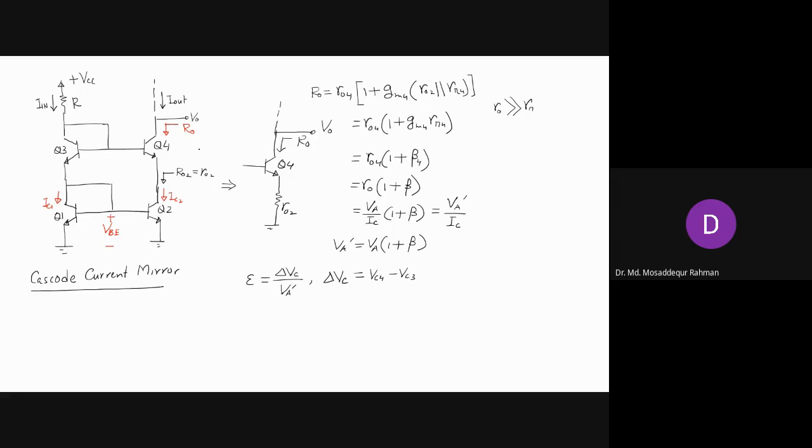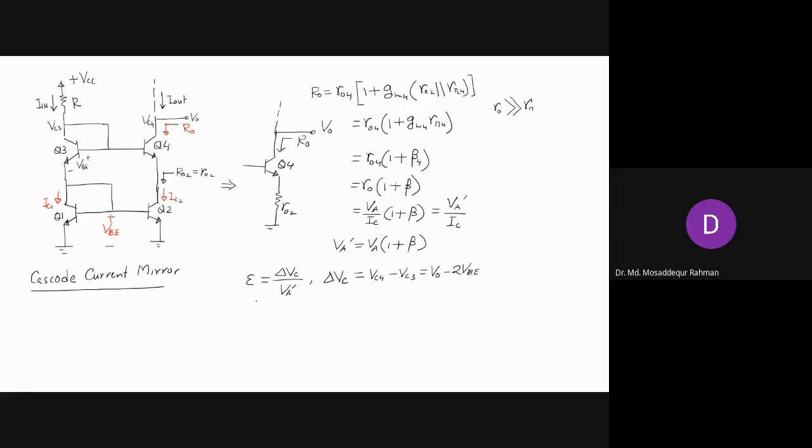VC4 is the voltage here, the collector of Q4, and this is our VC3. And what is VC3? We have VBE here, and then we have another VBE, base to emitter voltage. So VC3 is actually 2 VBE. So this is V naught minus 2 VBE. So that will be our del VC, and that is how we can determine the error.